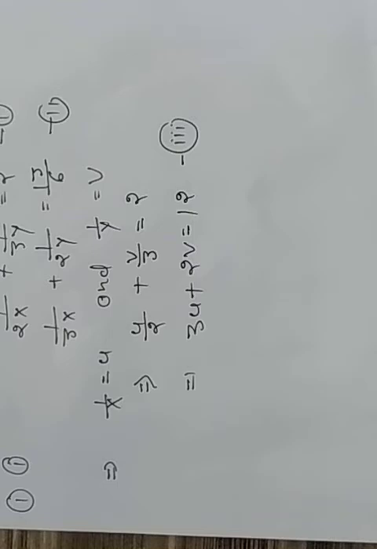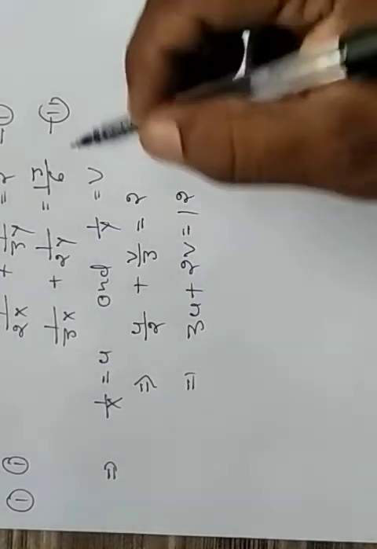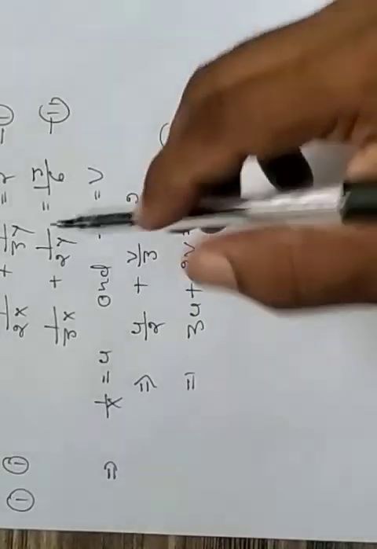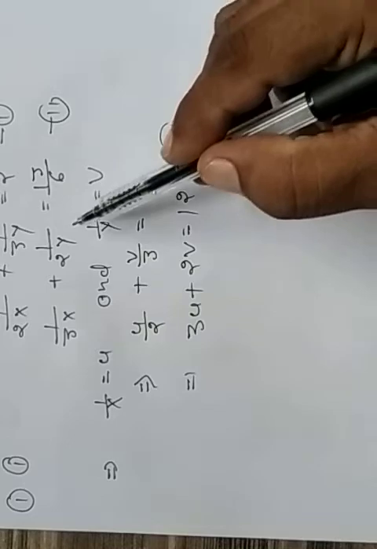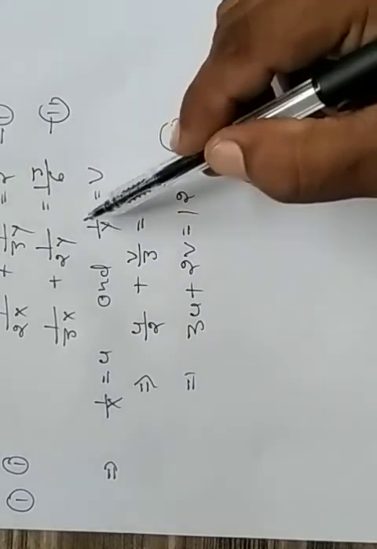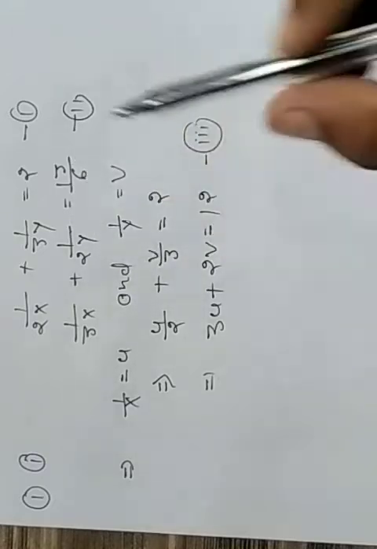Now see, equation 3. When we put the value of 1 by x is equal to u and 1 by y is equal to v in the second equation, then see what we are getting.